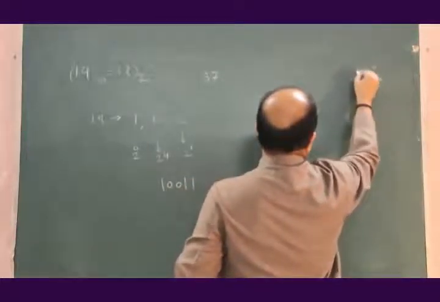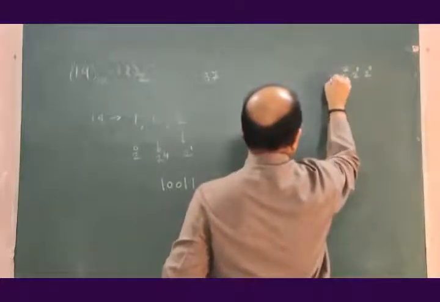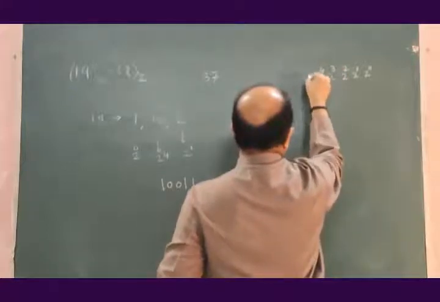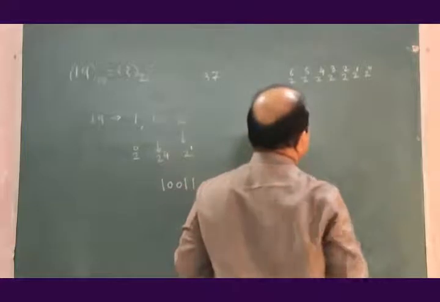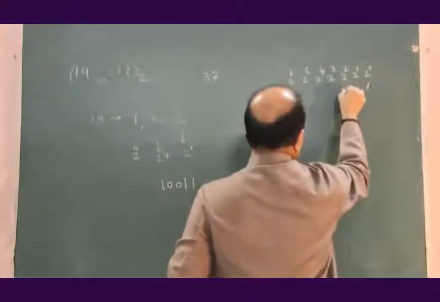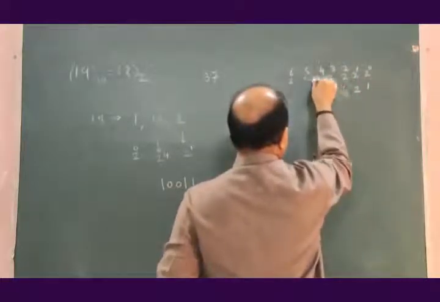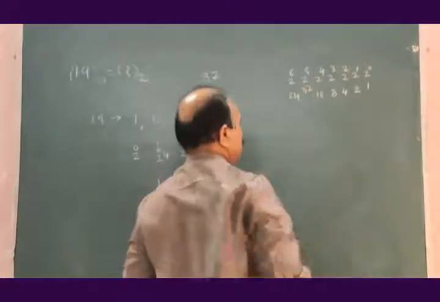To the power 0, to the power 1, to the power 2, to the power 3, to the power 4, to the power 5, to the power 6, and so on. This corresponds to 1, this to 2, this to 4, this to 8, 16, 32, 64.